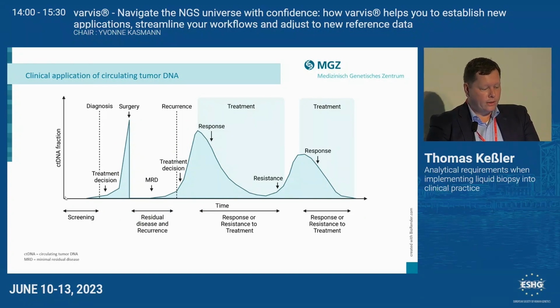And if you look at it on a time scale, let's say from left to right, this would be an example of a cancer patient with a tumor. At diagnosis, you would have a tumor, and you would have circulating tumor DNA in the plasma at a low level, and then maybe the oncologist decides for a treatment.